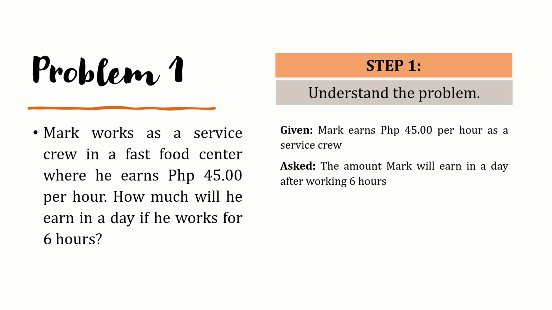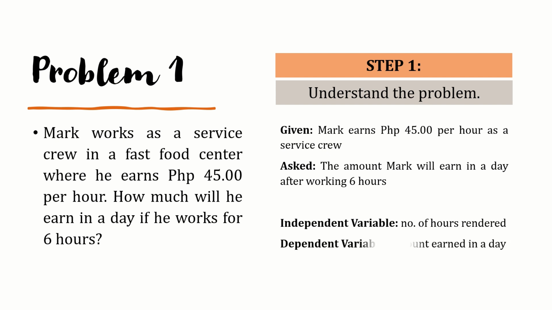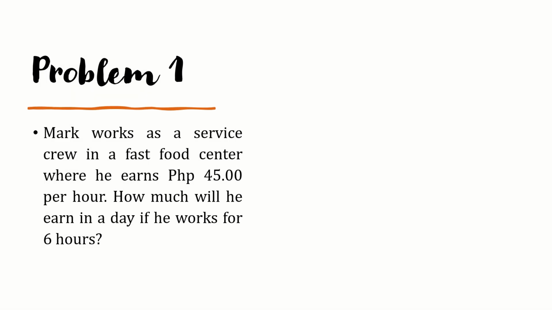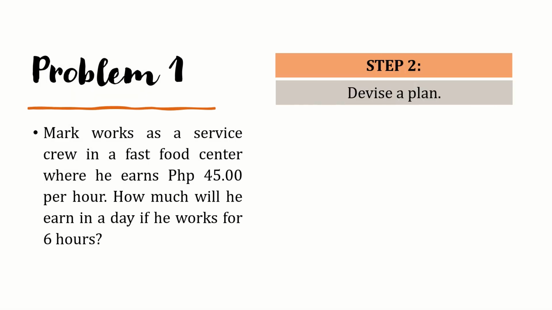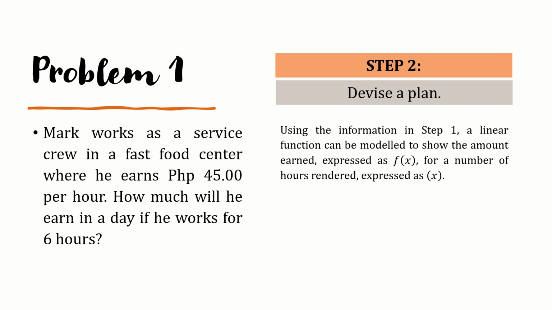What is the independent variable? The independent variable is the number of hours rendered. And what is the dependent variable? The dependent variable is the amount earned in a day. For step 2, devise a plan. Using the information in step 1, a linear function can be modeled to show the amount earned expressed as f of x for a number of hours rendered expressed as x.